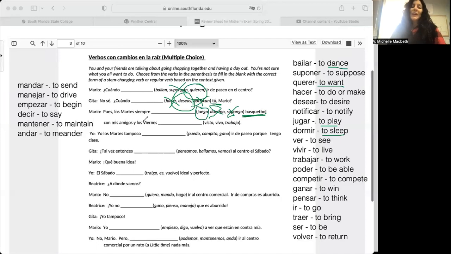Then if we look over here, what are we going to do again? We say visto, vivo, trabajo, right? Well, this one we've never seen before because it's a gerund, so we know it has to be wrong by default. Doesn't exist to us. It's wrong, 100%. So if we were talking about activities that we do, would we say we live or would we say that we work?